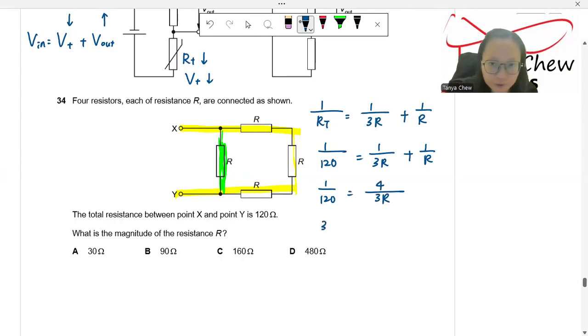Cross multiply, 3R is equal to 480. R is equal to 480 ohm divided by 3, which is equal to 160 ohm. C is the answer.